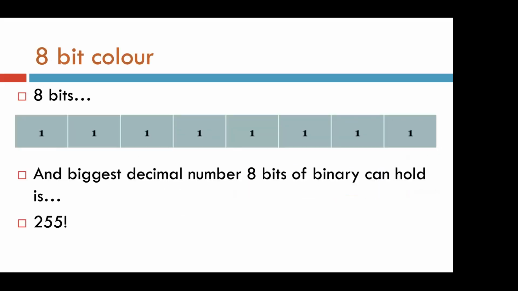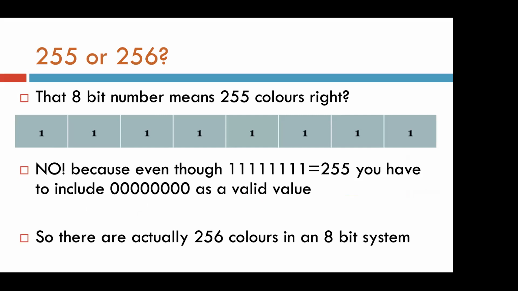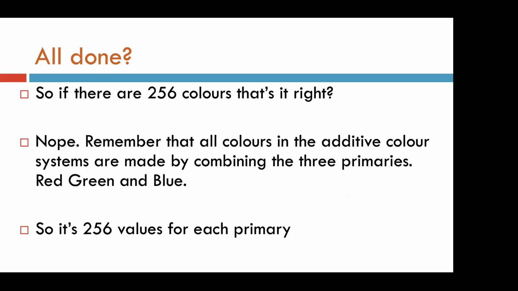So remembering that 8-bit color, we're just going to quickly recap this. 255 is the largest decimal number. That means there's 256 colors because all zeros is also a value, which is black, right? So 256 values for each primary, right?